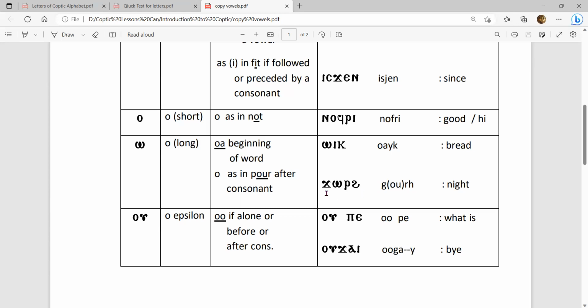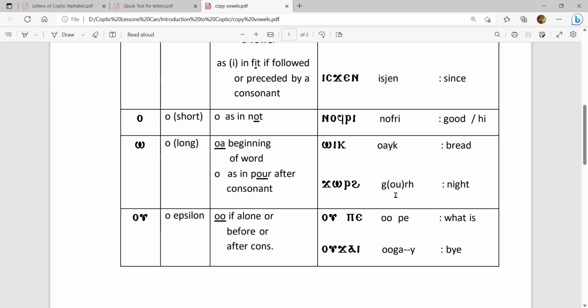Janja, here we pronounce it as g. We shall come to this in the pronunciation of the consonants, where the pronunciation depends on the position of the letter in the word. So this is a g here, omega O, rho r, hori h.